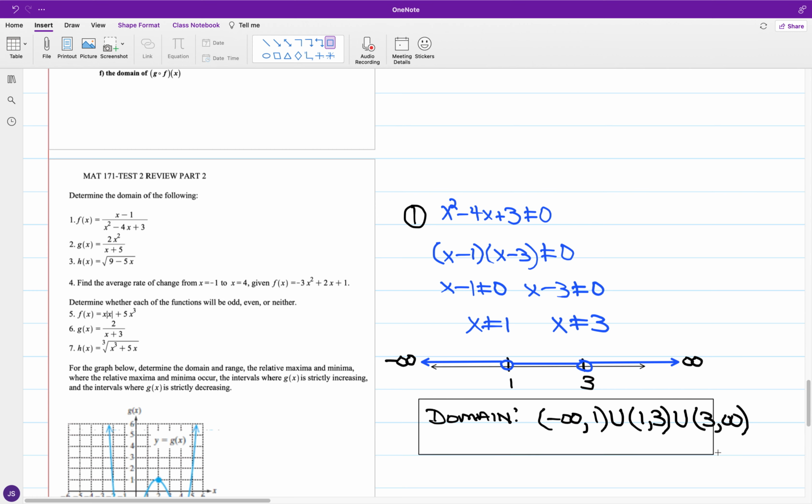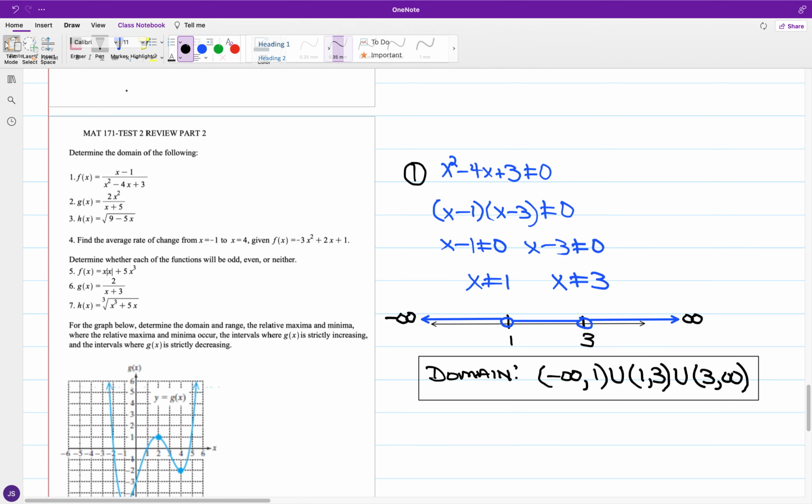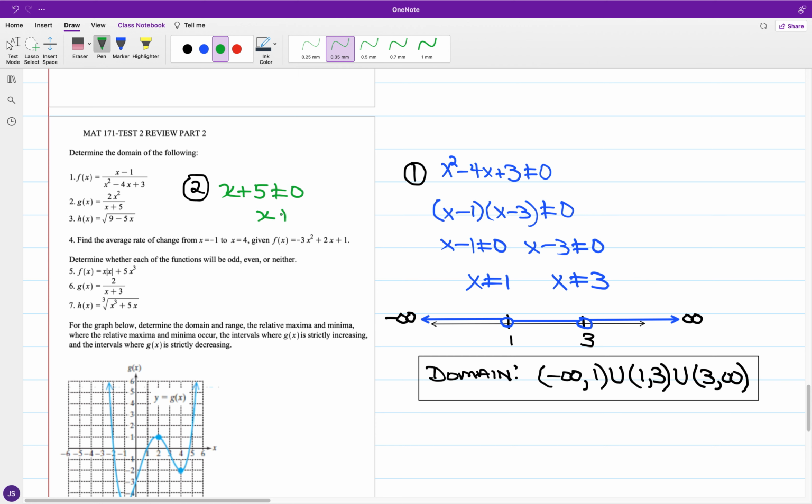Now for the second item, we got g of x is equal to 2x squared over x plus 5, and in this one we have just another rational function. The denominator cannot be equal to 0. If x plus 5 cannot be 0, then x cannot be equal to negative 5.